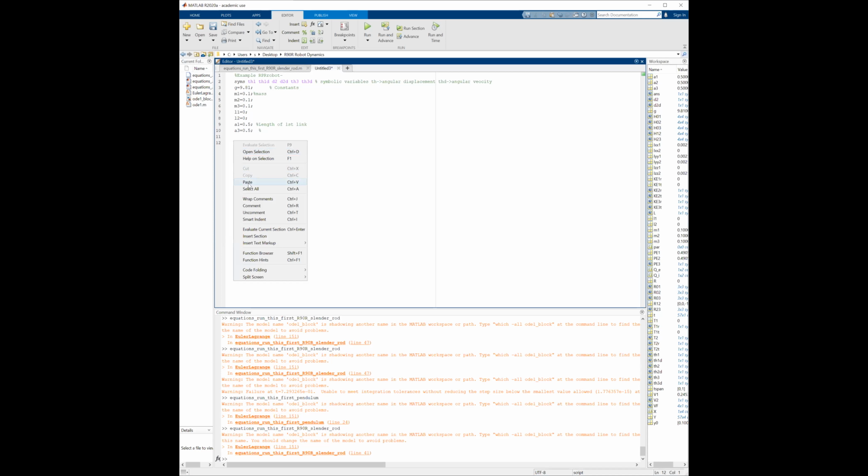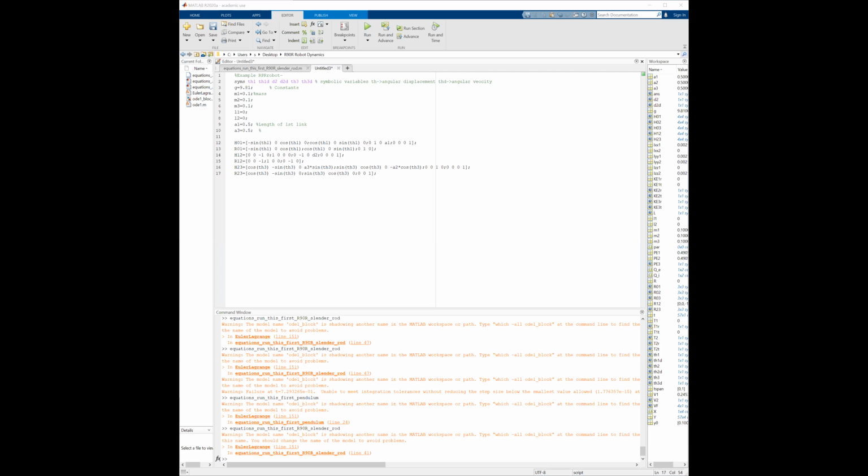This is something we did in the past, where H01 is the homogeneous transformation from 0 to 1, R01 is the rotation matrix 0 to 1, H12 is the homogeneous transformation from 1 to 2, R12 is the rotation matrix from frame 1 to frame 2, and H23 is the homogeneous transformation from frame 2 to frame 3. And now we will find out all the homogeneous transformations. So copy, I'm gonna paste it over here.